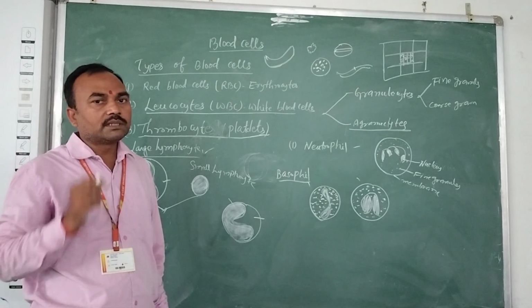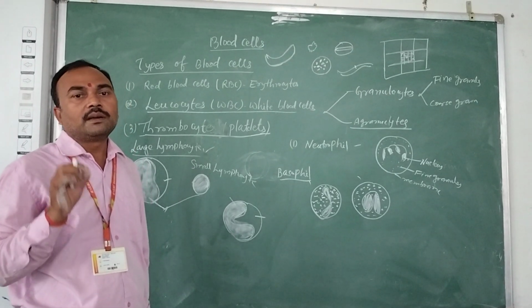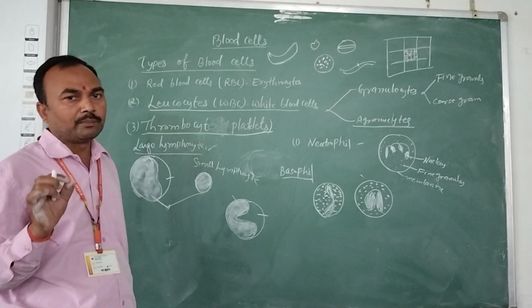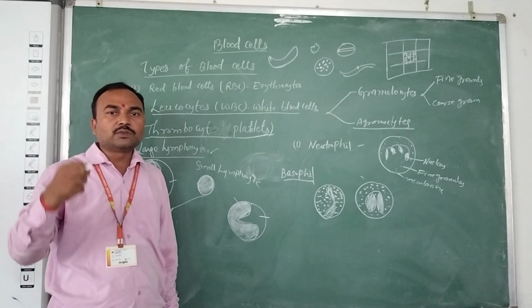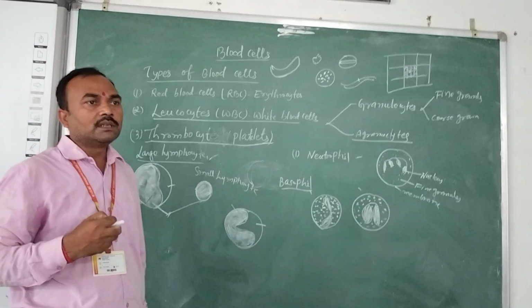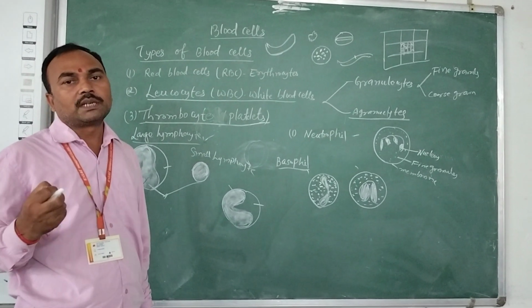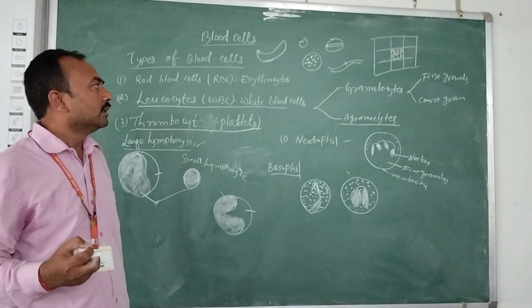If it increases from the normal range, we say macrocytic. Once the size decreases from the normal, we say microcytic anemia.